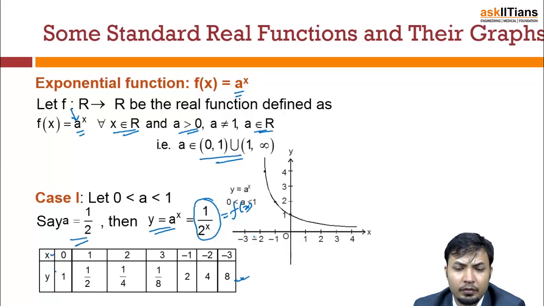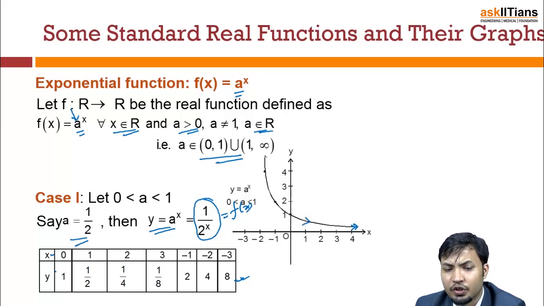Now you see the graph for this. The exponential function graph is always like this. This is a significant point: the graph will keep going like this, but it will never meet the x-axis. We'll study this in further detail, but this is the important point.